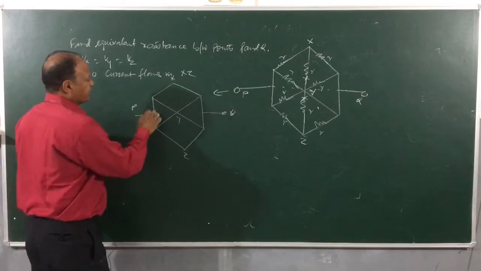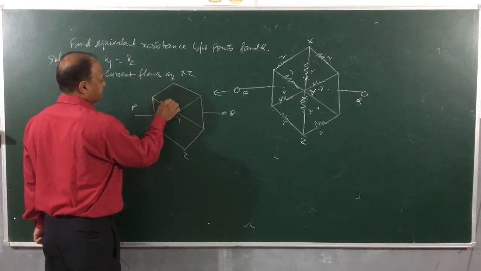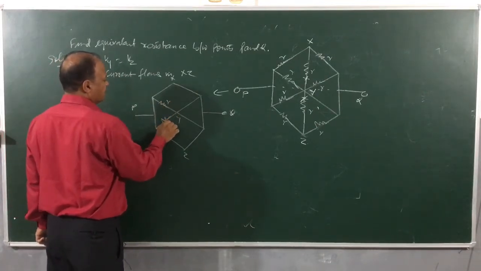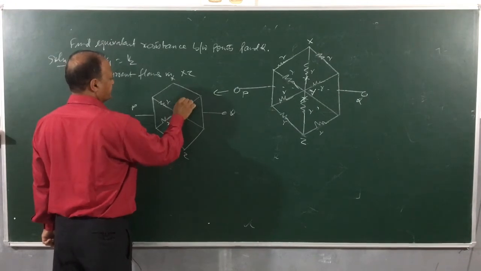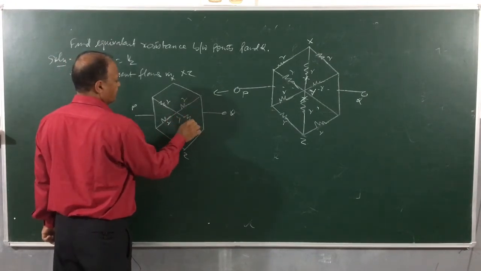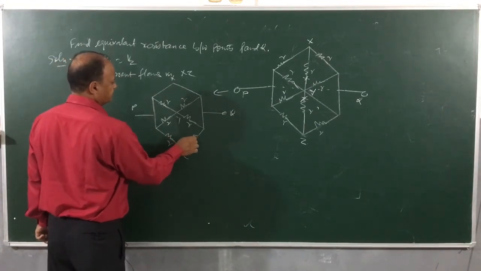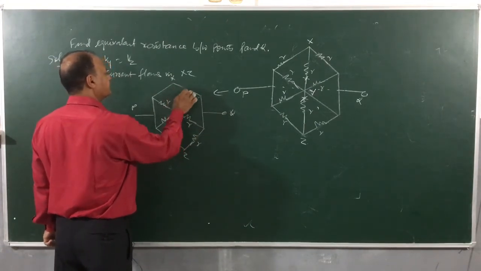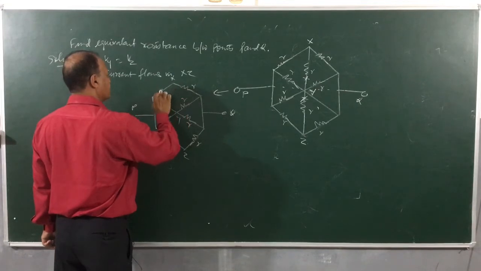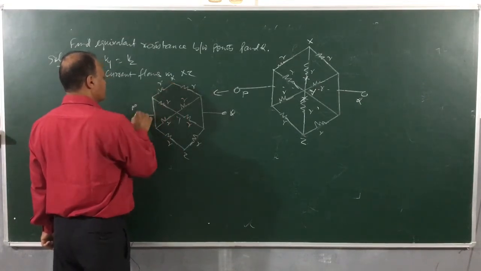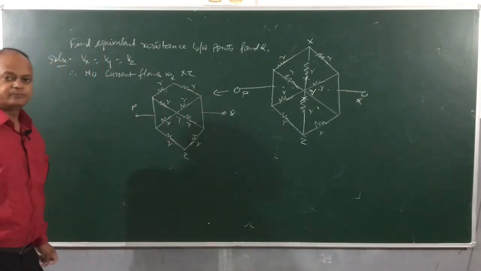Here we got resistance R. This is R, this is R, this is also R each. Now let us try to interpret this diagram.